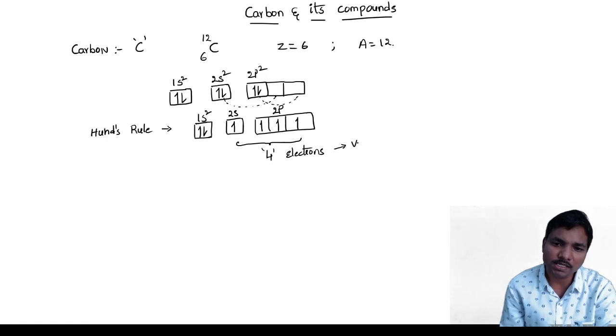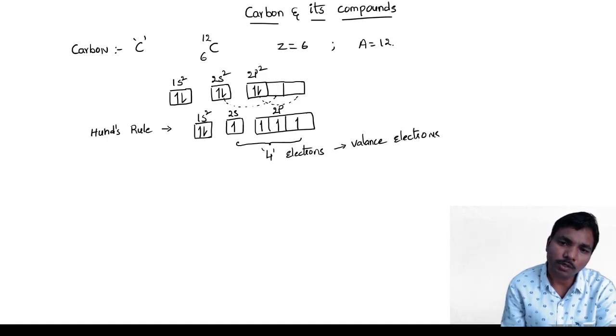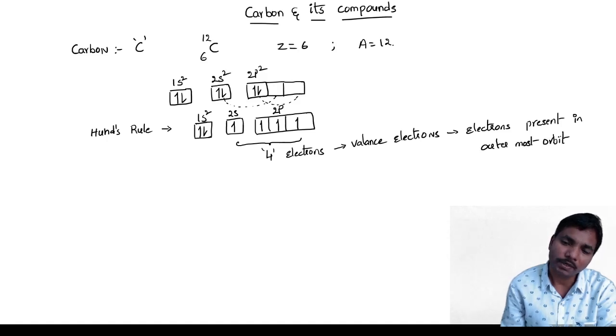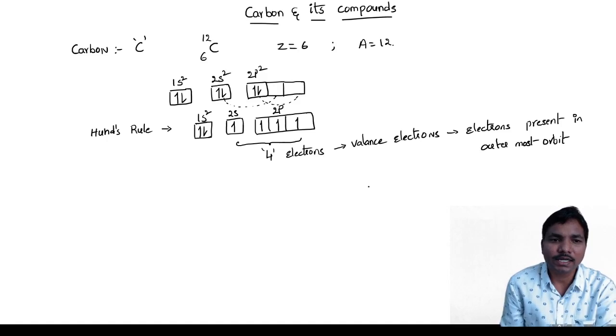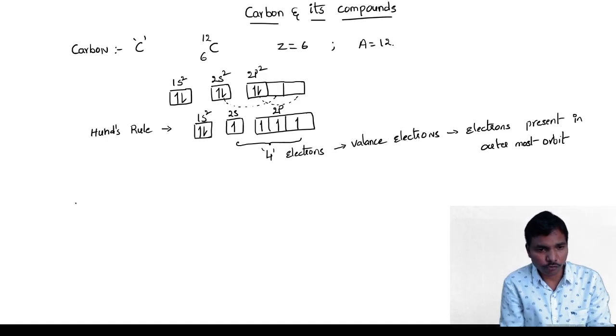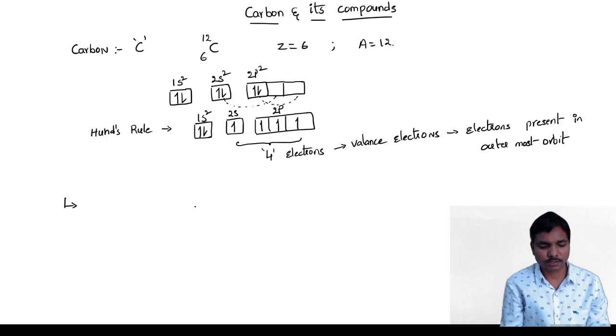Outermost orbit is the second orbit, and in the second orbit there are four electrons. So these are the valence electrons of carbon. Carbon has 4 valence electrons.